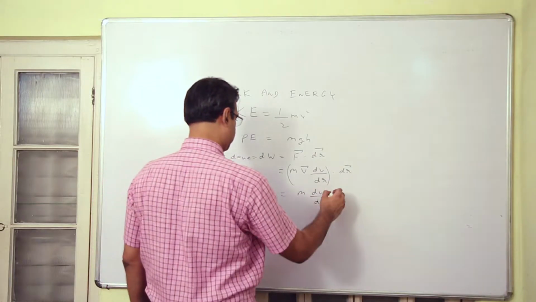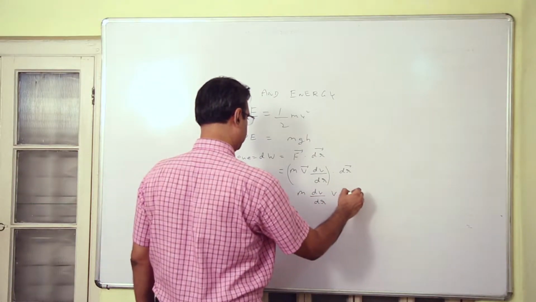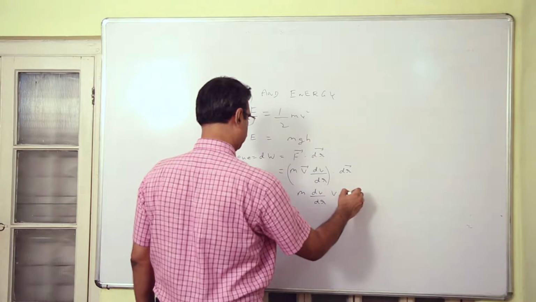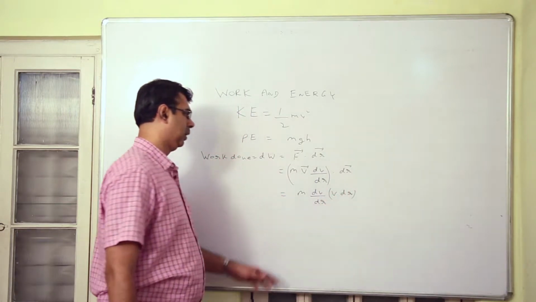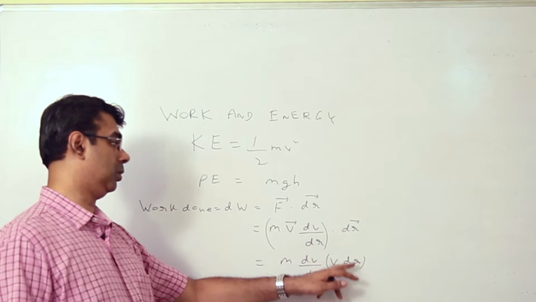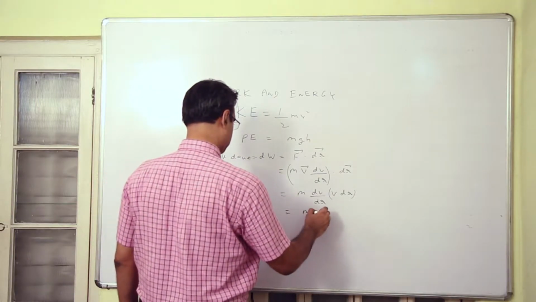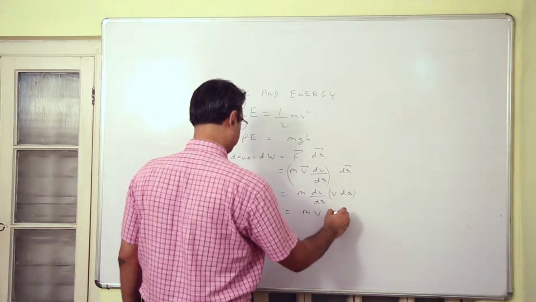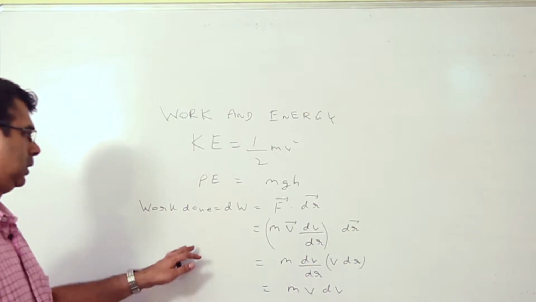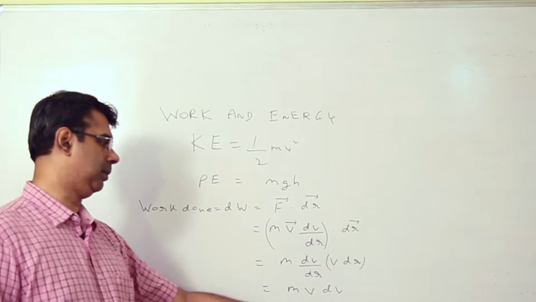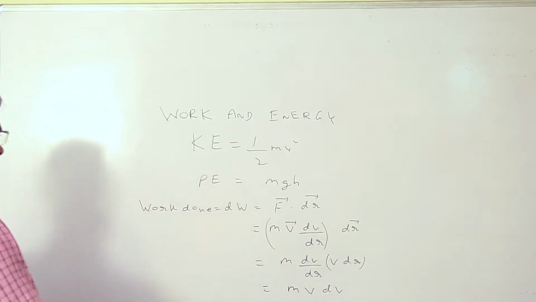So v dot dr can be simply written as v into dr, or you could say modulus of velocity into modulus of dr. So this gives mv dv. So the work done by the force is m into v dv.